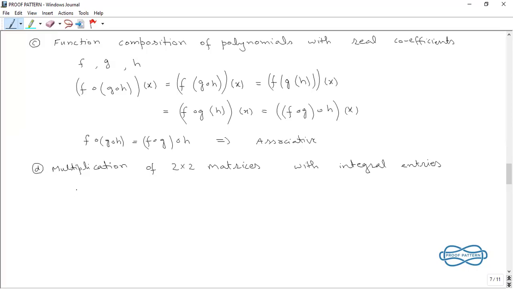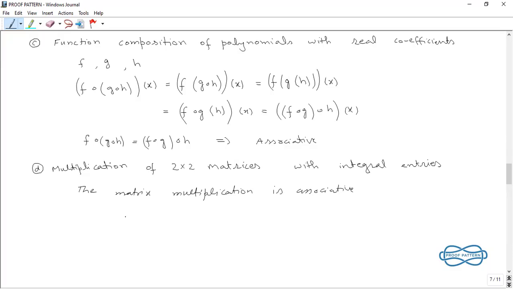Okay, now we know that in general the matrix multiplication is associative. So for 2 cross 2 matrices, it is also associative.